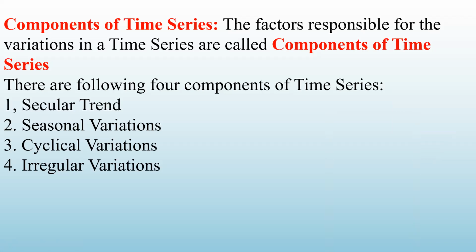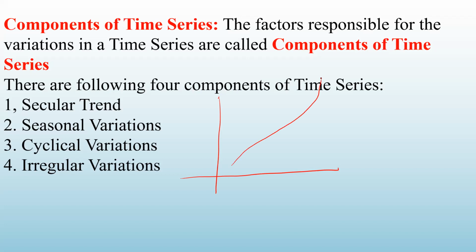Similarly, the demand for luxury items like TV, fridge, washing machine, home theater. So more and more people are buying luxury items every year. So the demand for luxury items is showing an increasing trend. So if you like to draw the graph of that, it will show you an increasing trend.